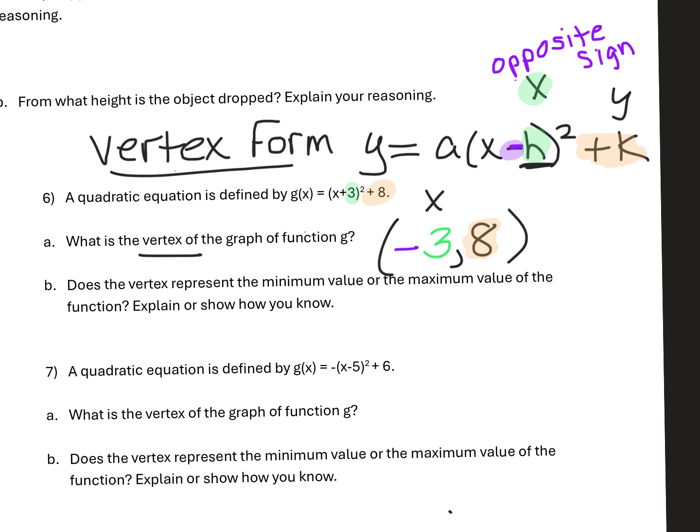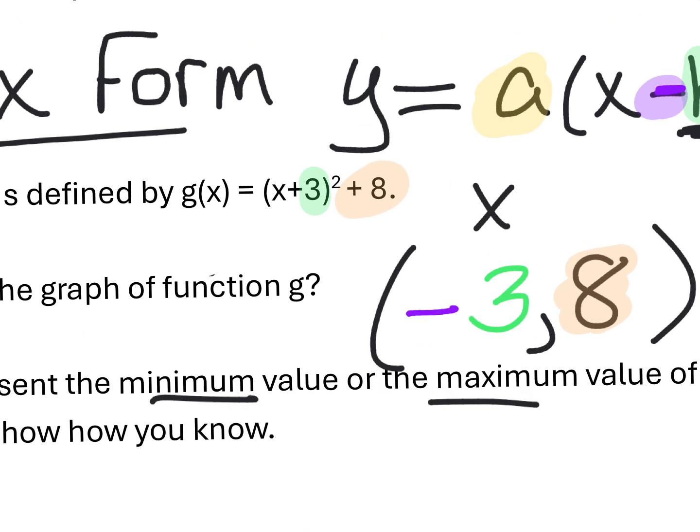And then remember that you decide whether it's a minimum or a maximum value. So if I look at my A value, I see in the graph that there is a hidden 1.